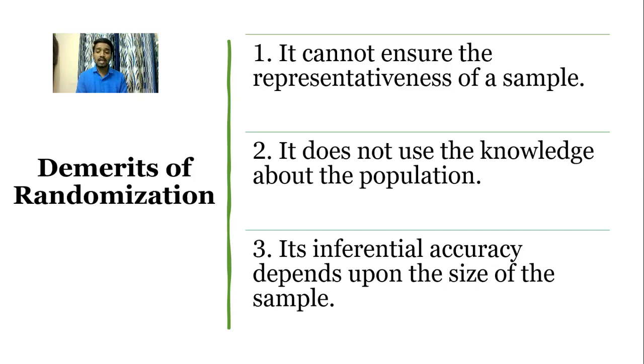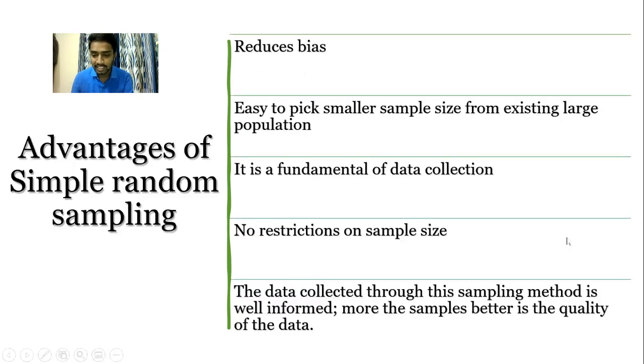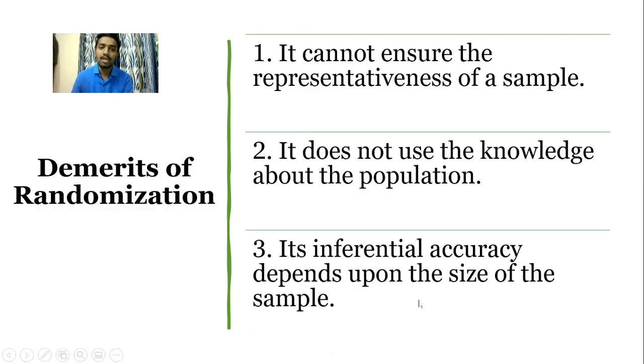Then, the accuracy depends on the size of the sample. As I said in the advantage, the more the sample, the better the quality of the data. If your sample size is too small, then your data is going to be inappropriate and invalid because it does not have proper representation.